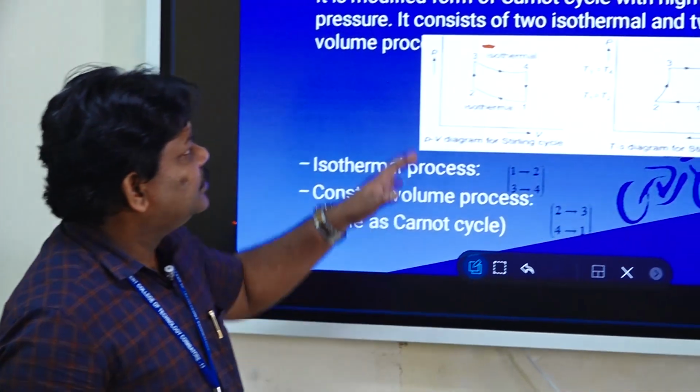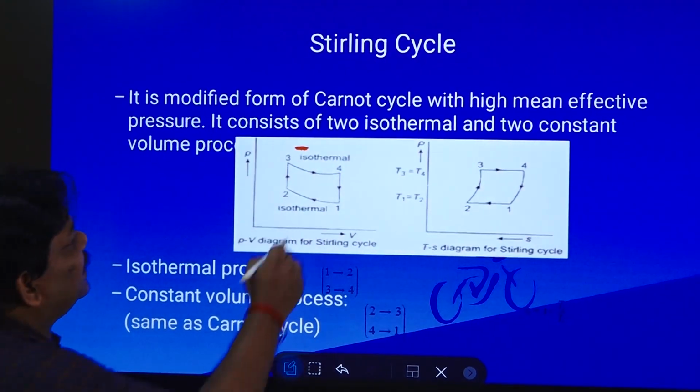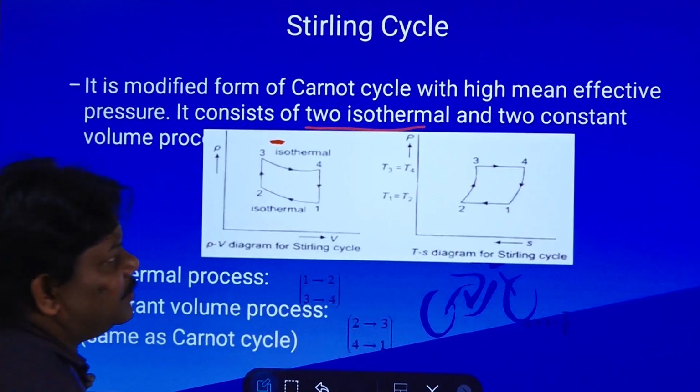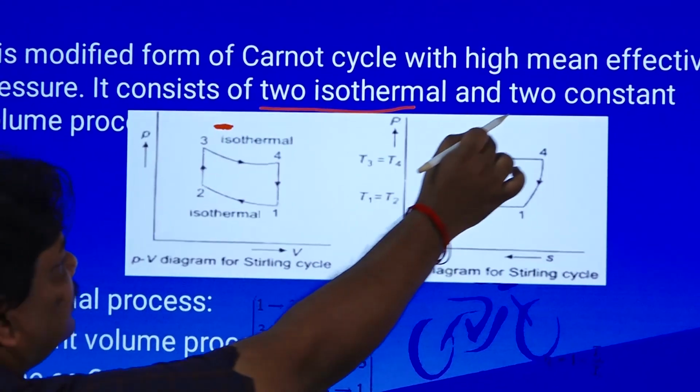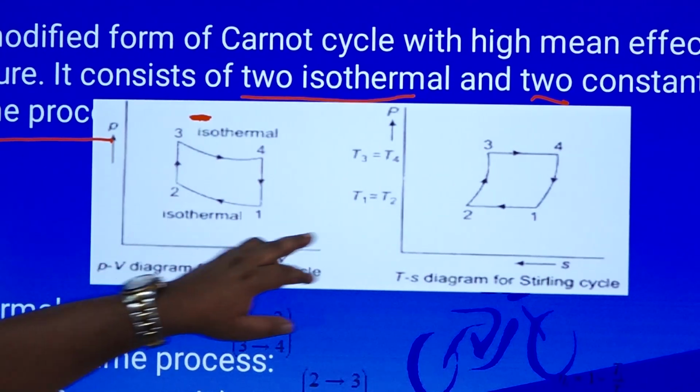Now, go to the Stirling cycle. In this Stirling cycle, you have two isothermal processes and two constant volume processes. The temperature remains constant in processes 1 and 2, so those are two isothermal processes.